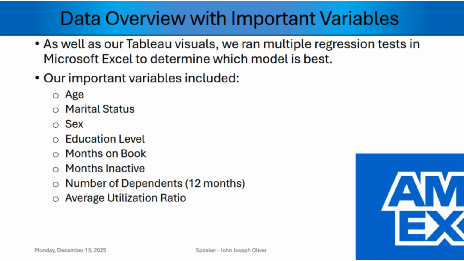We found out through our visualizations that customers who have higher inactivity and lower engagement levels noticeably end up having higher attrition rates. We also saw that demographic variables such as age, sex, and marital status add less value to our predictions.